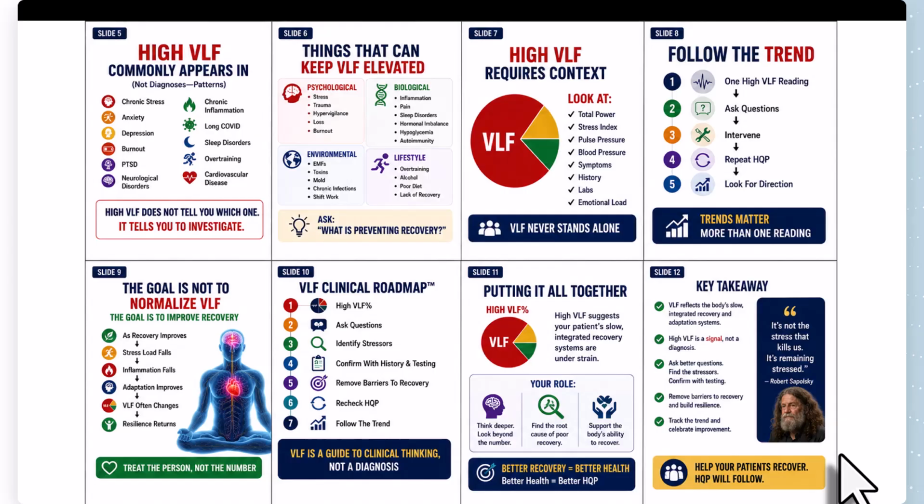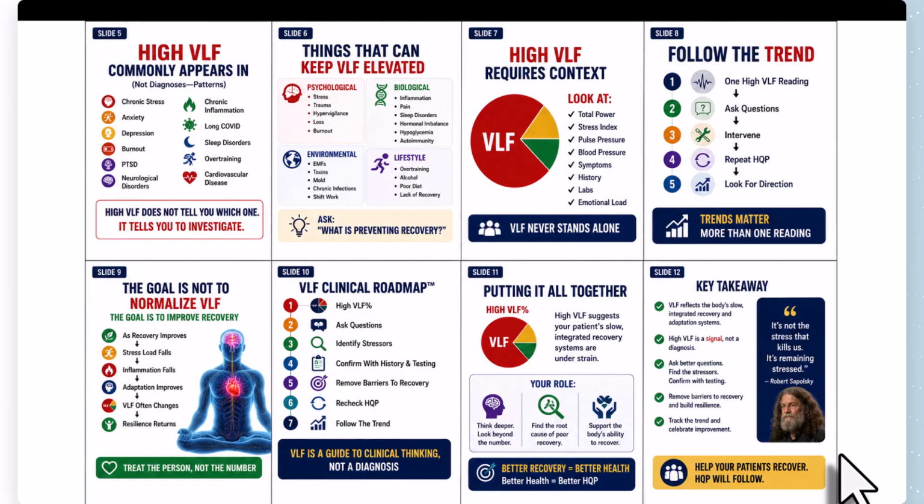But then you look at the trending and you trend. The ones I trend, by the way, I trend VLF, I'll trend total power, I'll trend the stress index, and I'll trend SDNN and RMSSD. And I do them separately. I don't like to do them all together because then I got a bunch of lines.